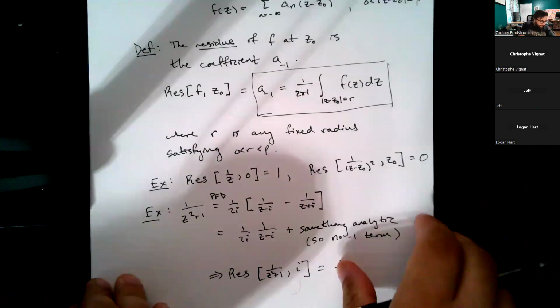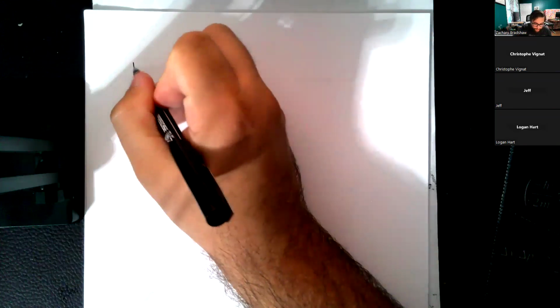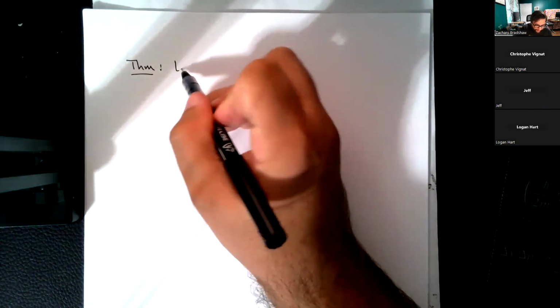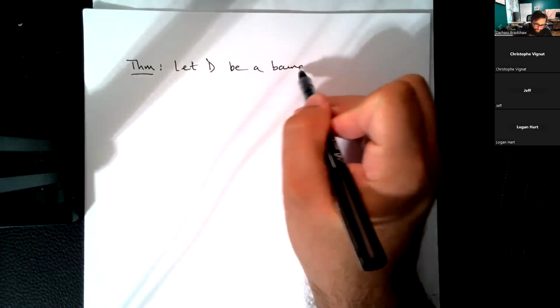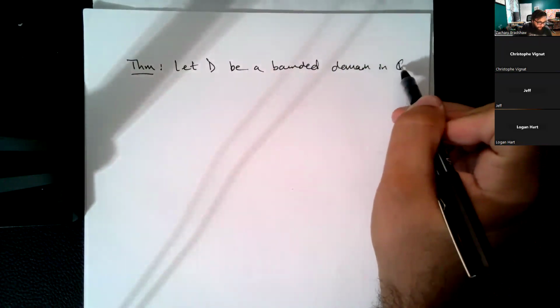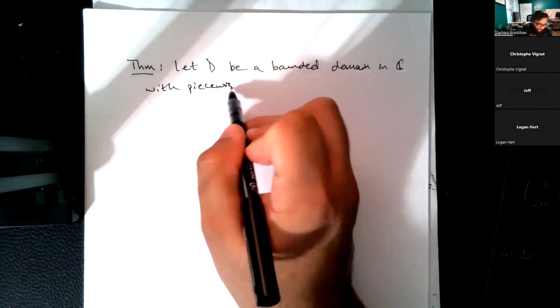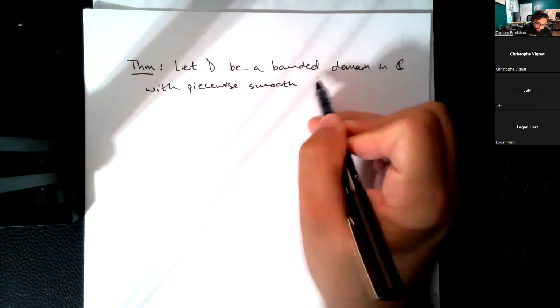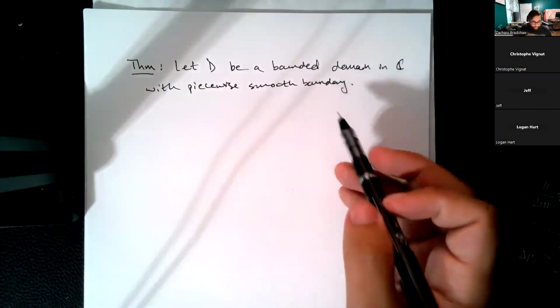All right. So now I can finally tell you the residue theorem, now that we know what residues are. This is the residue theorem. It says, let D be a bounded domain with, this is important, piecewise smooth boundary. This is going to tell us what kind of contours we're allowed to use.